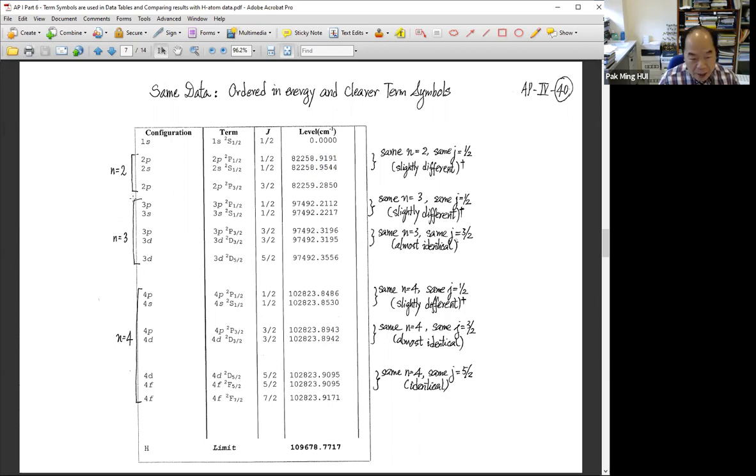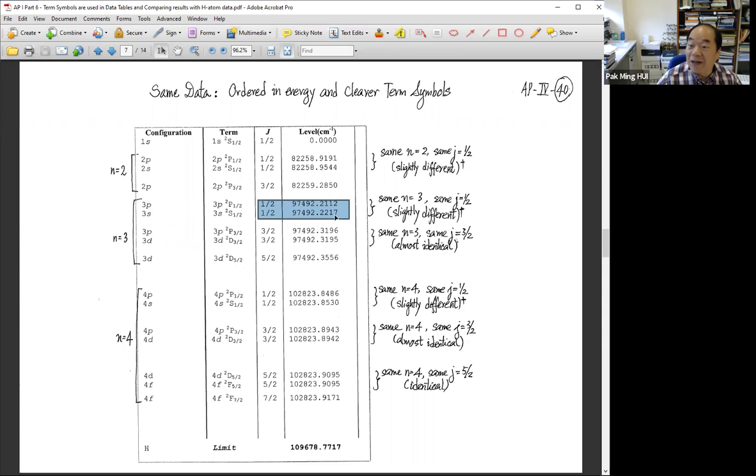The same phenomenon happens in the 3S, 3P, 3D situation, okay? Again, you will have J equals half that could come from the S, L equals 0 plus half, that will give you half, and the P, L equals 1 minus half will give us a half. Okay, look at this.